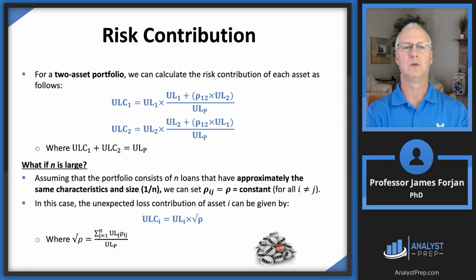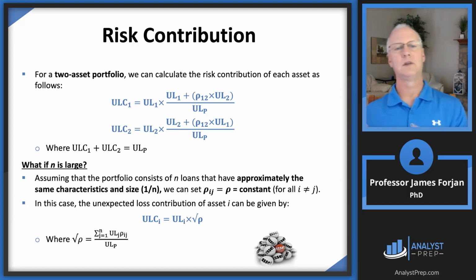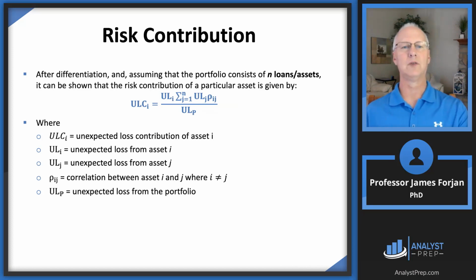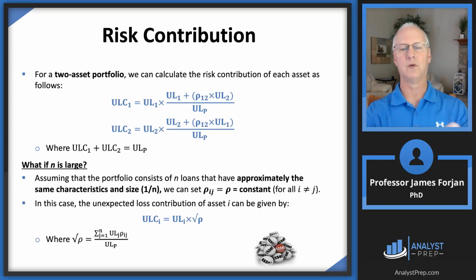And so what you can do is get the contribution of each asset using those two formulas, and then add the ULC from the first asset to the ULC of the second asset. That gives you the unexpected loss contribution for the 2-asset portfolio.